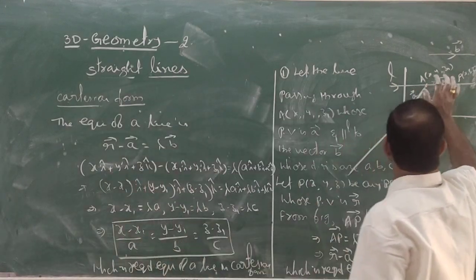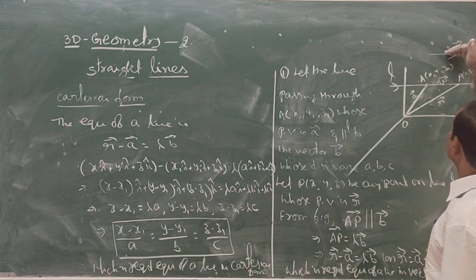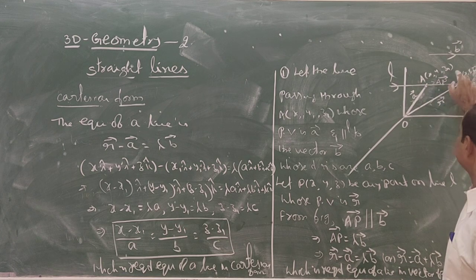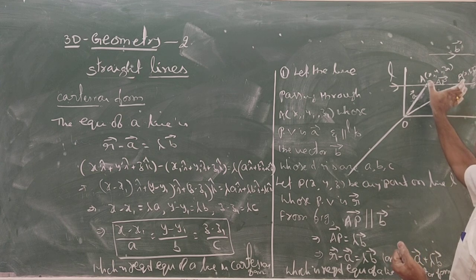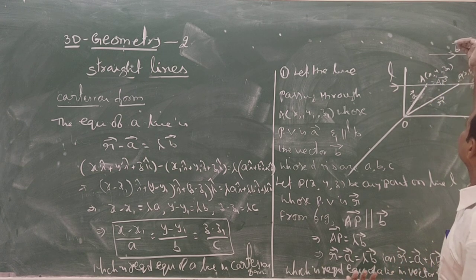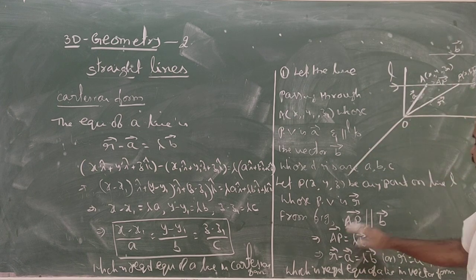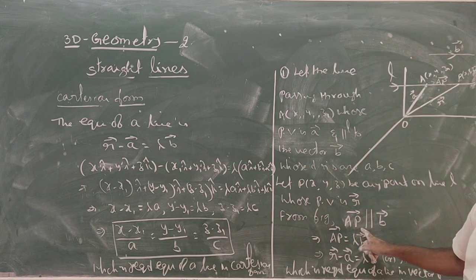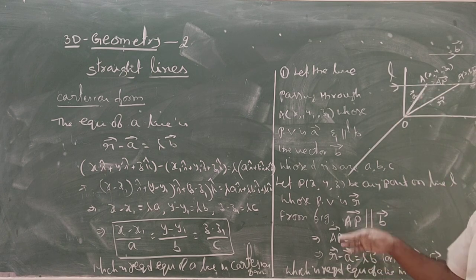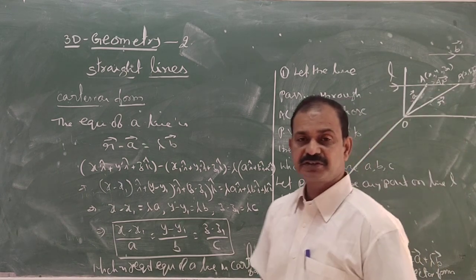If a line is passing through a point and parallel to a vector, then we consider any general point whose position vector is r. Then how to trace the equation? When two points are there, you can find a vector AP, which is parallel to b. AP I can write as r minus a, that is equal to lambda b, which is nothing but the required equation of a line.